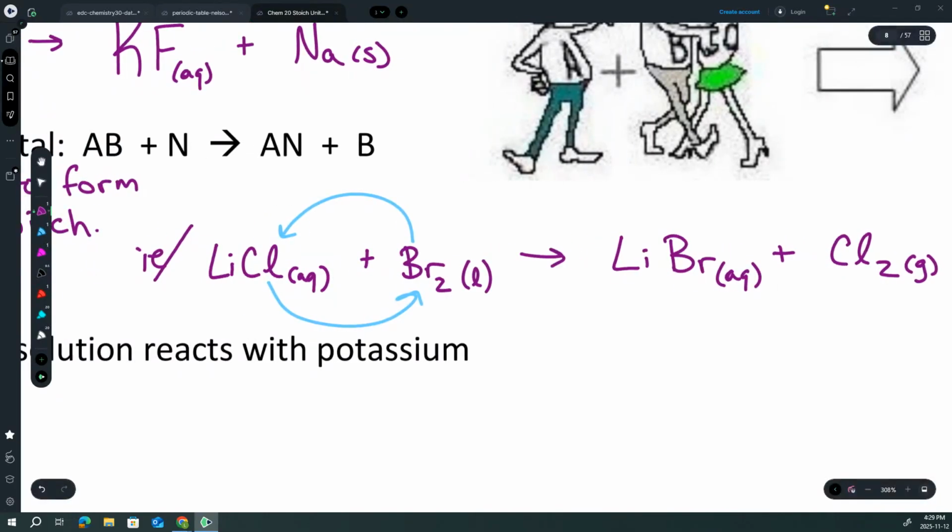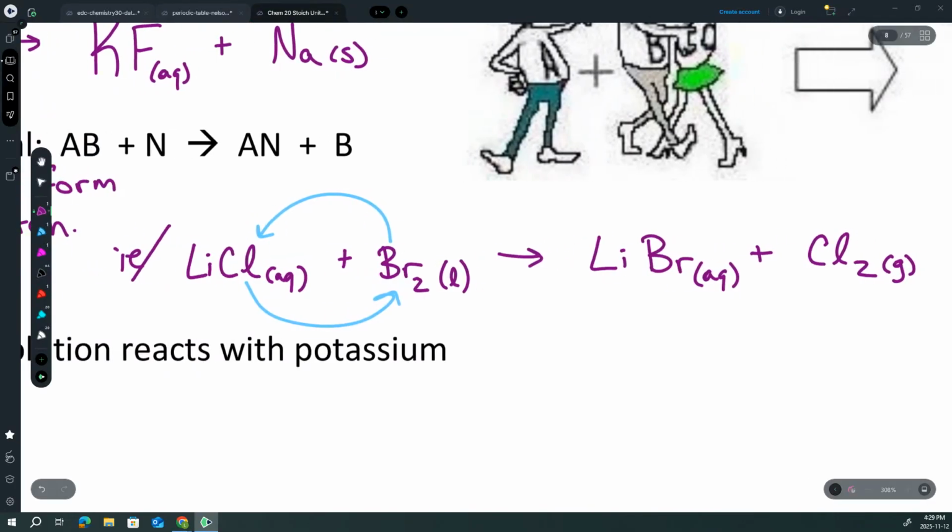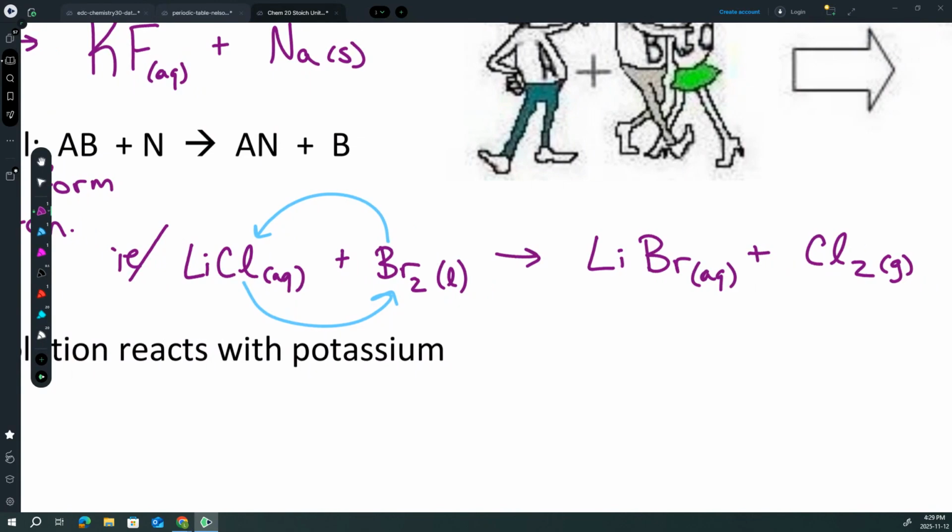Now we need to make double sure that everything is balanced. What I mean is our skeleton equation right now needs to be balanced. I have 1 lithium coming in, 1 going out. That's balanced.